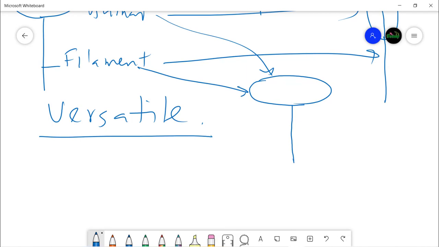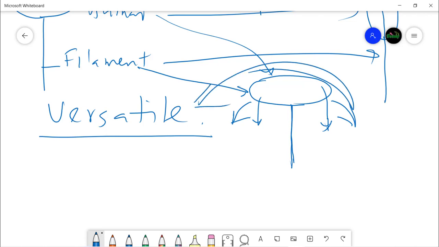Now the attachment is such that this anther can swing freely in both ways. If you try to move it this way or this way, then it can swing both ways. So this is what we call versatile.